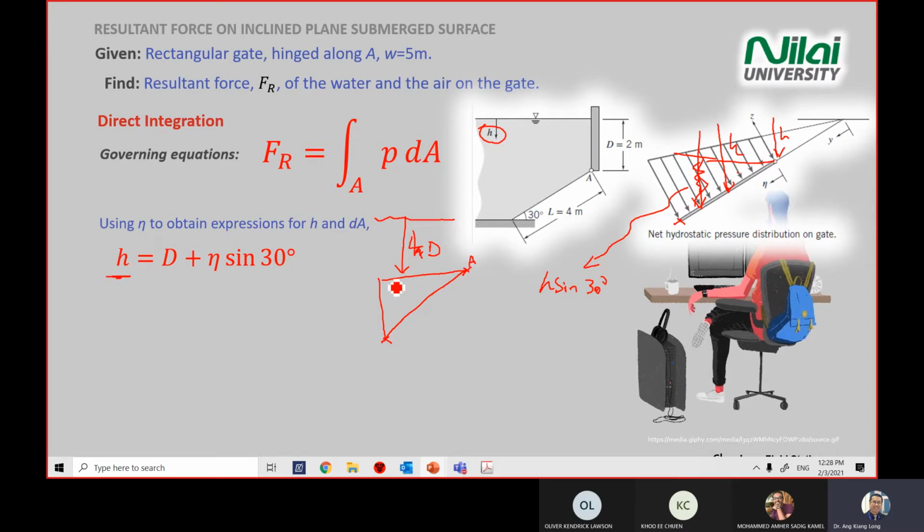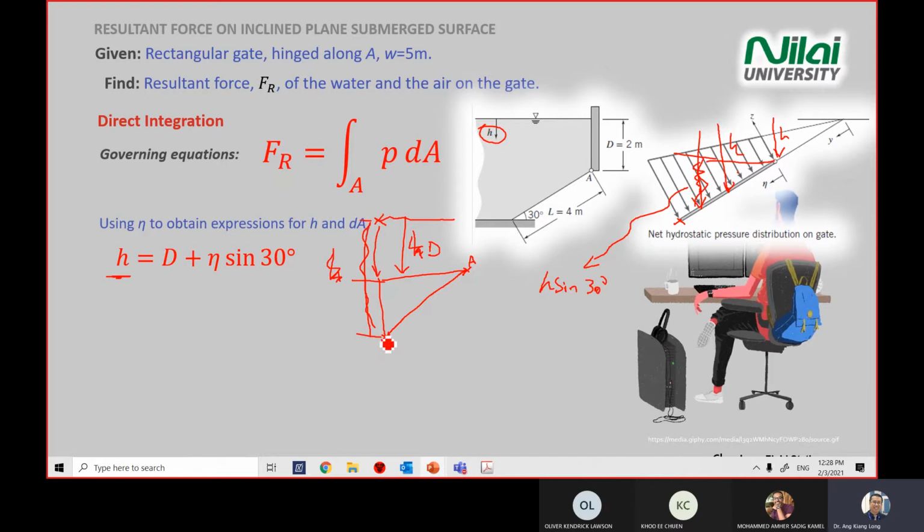So let's say how you find the distance of height from the surface to here, because this height will give you the hydrostatic pressure on this point.